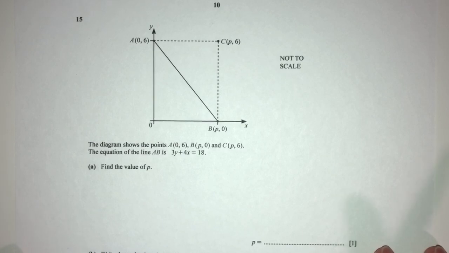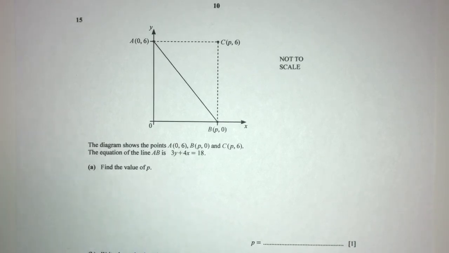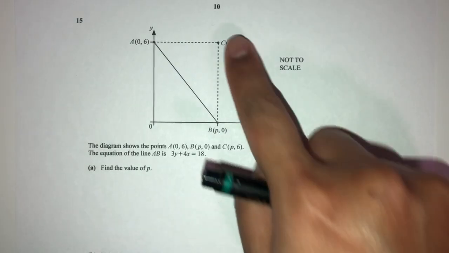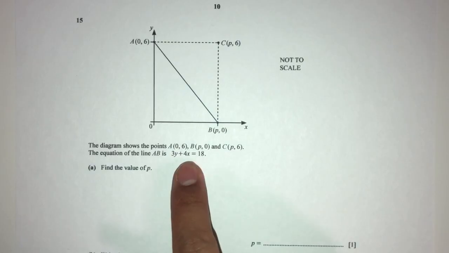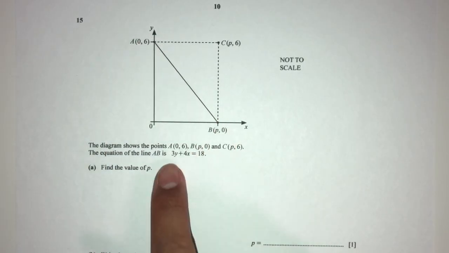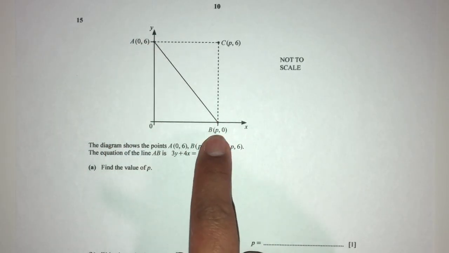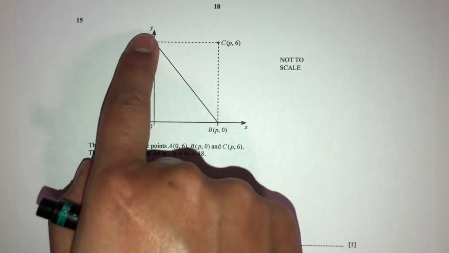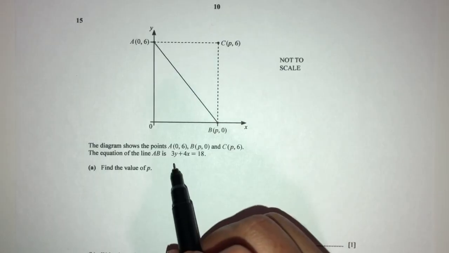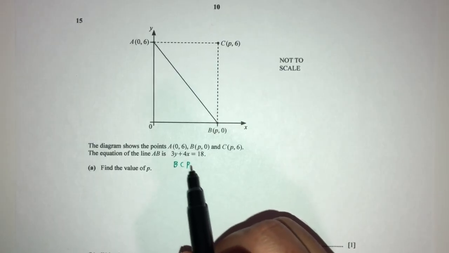Now let's move on to question number 15. The diagram shows the points 0, 6 and then P, 0 and P, 6. The equation of the line is this. From this we can find the value of P, because the line AB passes through these two points. So this is B, for example, P, 0.